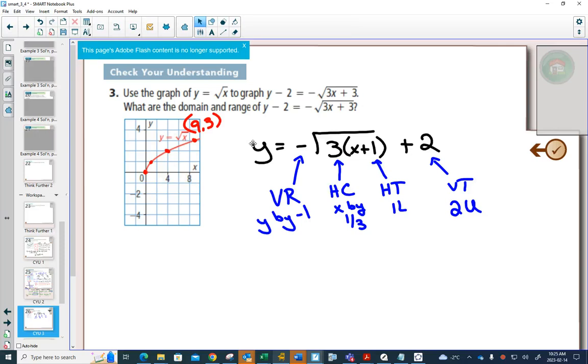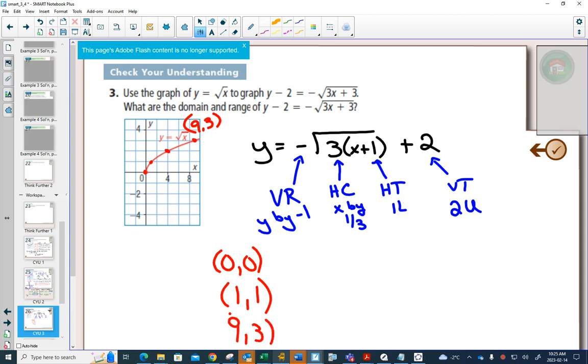What I'm going to do is I'm going to take my original point. Definitely you have to take 0, 0 because that's your starting point. I'm going to do 1, 1 just to see what it looks like when you're dealing with fractions. But I'm going to choose 9, 3 because it's nicer as far as coordinates. Draw my arrows for stretches and compressions.